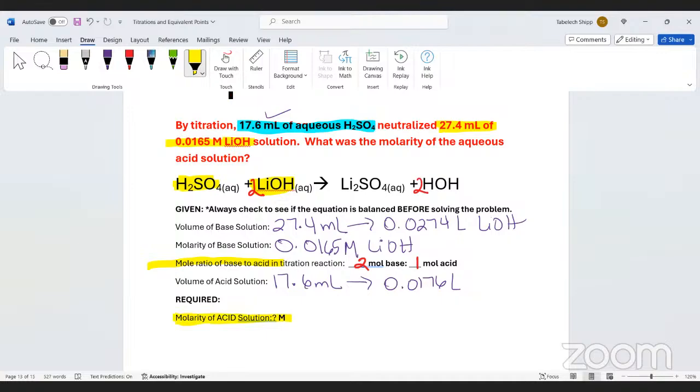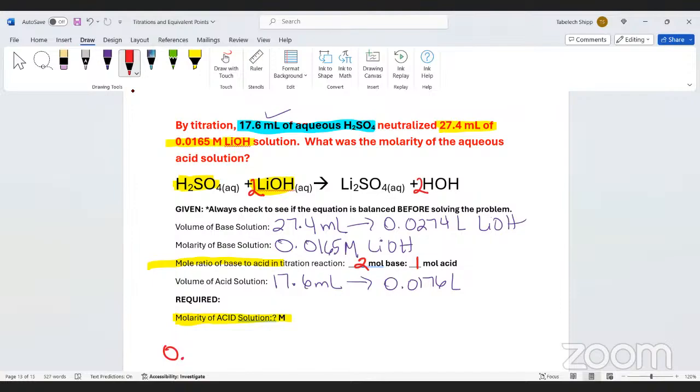Now, in this next step, remember what I told you before: identify which 2 sets of numbers go together. When you see the word "of," that tells you that those 2 are going to be multiplied together. So the 27.4 milliliters of 0.0165 molarity, those 2 go together. So we're going to start with those 2 numbers, but we're going to start with the volume.